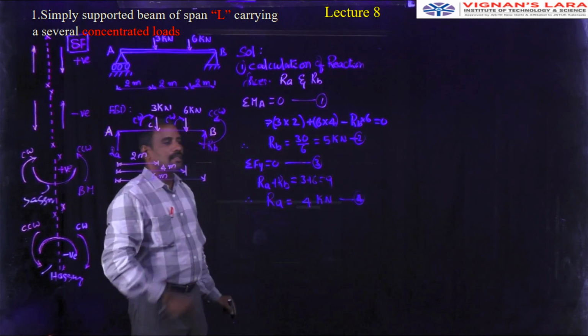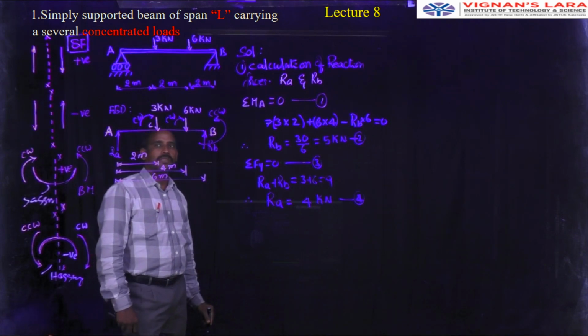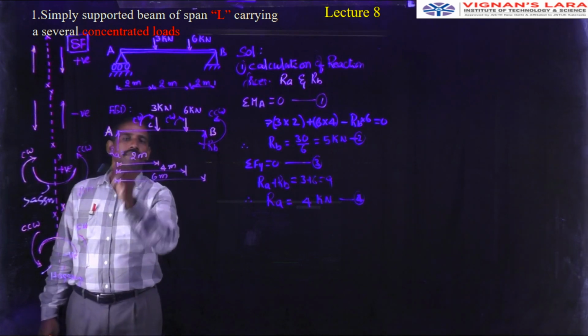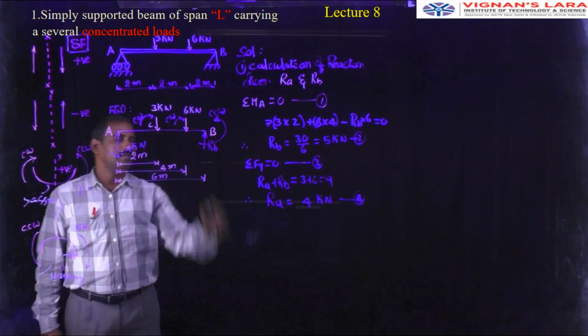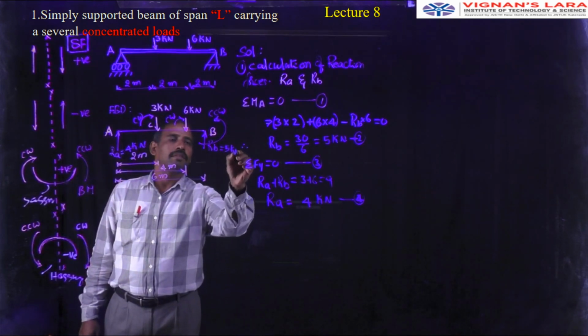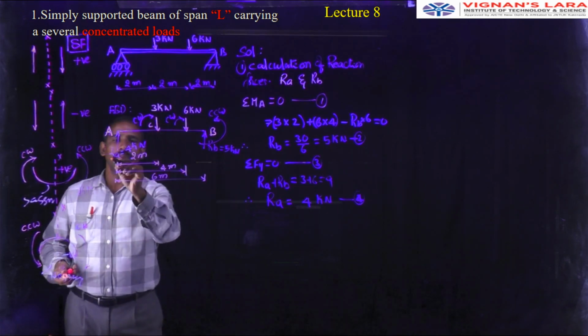From equation numbers 2 and 4, we know the magnitudes of RA and RB. RA is 4 kilonewtons and RB is equal to 5 kilonewtons. So these two forces are very important, and all of you remember this.